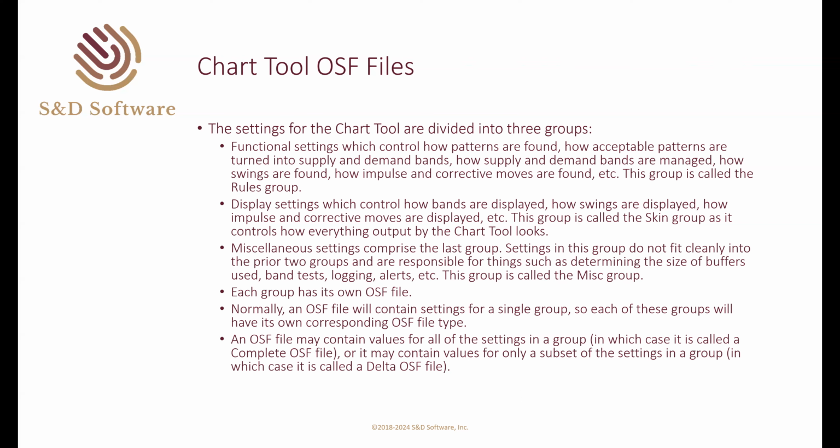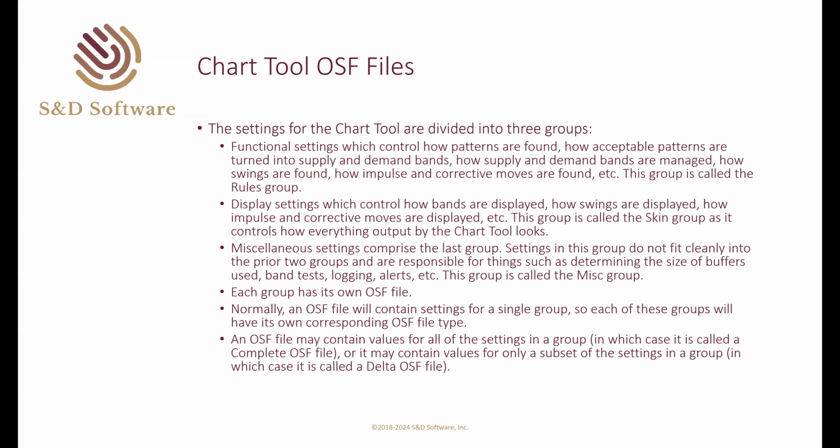There are functional settings, which control how it's finding patterns, how it determines whether a pattern is acceptable to be turned into a supply or demand band, how supply and demand bands are managed, how swings are found, how impulse and corrective moves are found, all of that functional stuff. This settings group is called the rules group because it contains mostly rules that tell the tool how to do something.